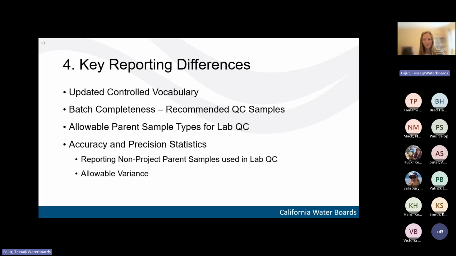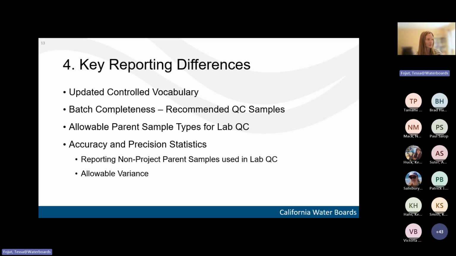And then, really just getting into the chemistry, some key reporting differences that I just want to highlight today: there is some updated vocabulary, and we'll make sure that's public and known. We've already talked about some of those things over the last year as we've been developing it.